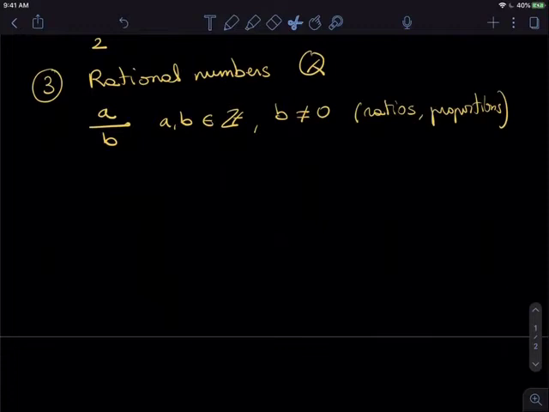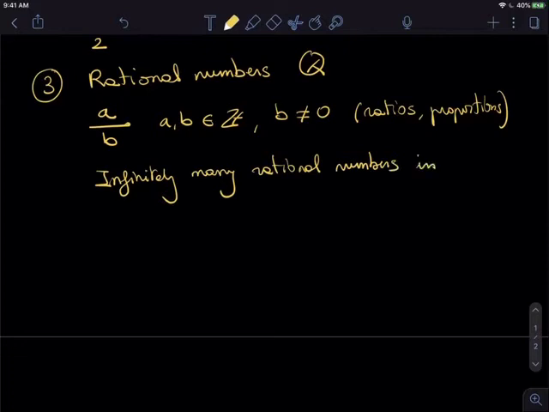In fact, there are infinitely many rational numbers in the interval 0, 1 alone. Notice I'm not saying the whole real line, because you could say, of course, there are infinitely many numbers in the real line. It's unbounded. But in the interval 0, 1 alone, there are infinitely many. This is something that we need to prove. It's not obvious. So how do we prove there are infinitely many?